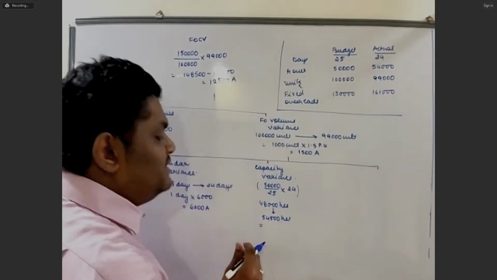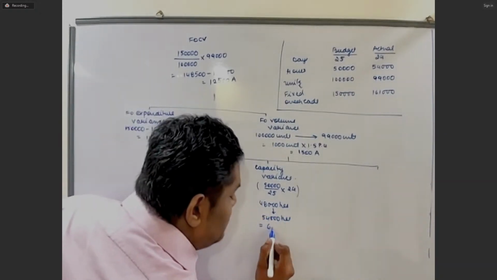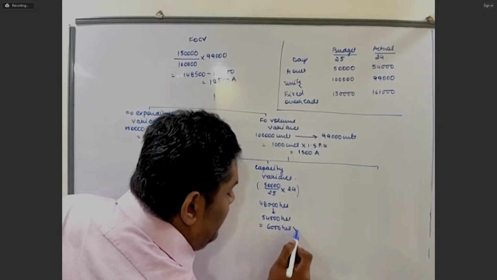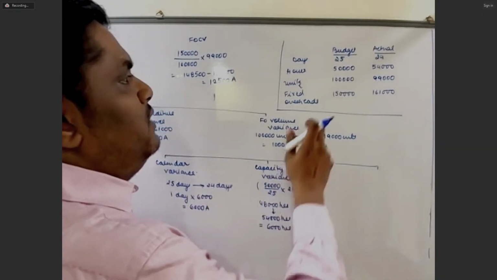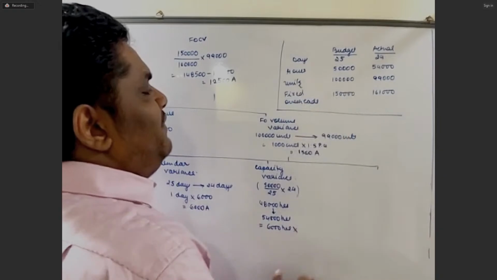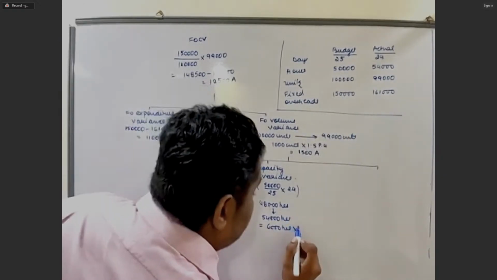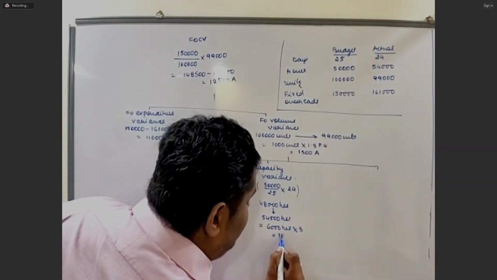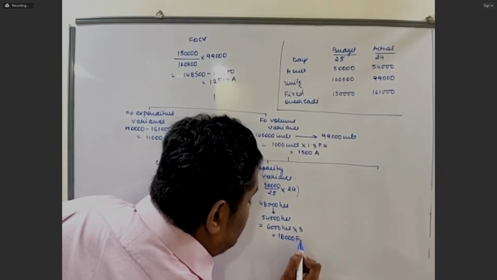That is how many hours extra? 6,000 hours extra, into, we'll apply the rate per hour. So 1,50,000 divided by 50,000, that is 3. So this will be 18,000 favorable.